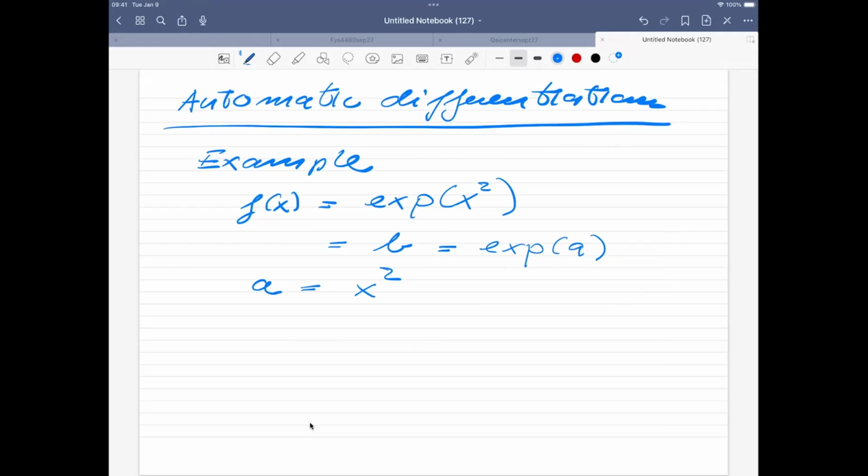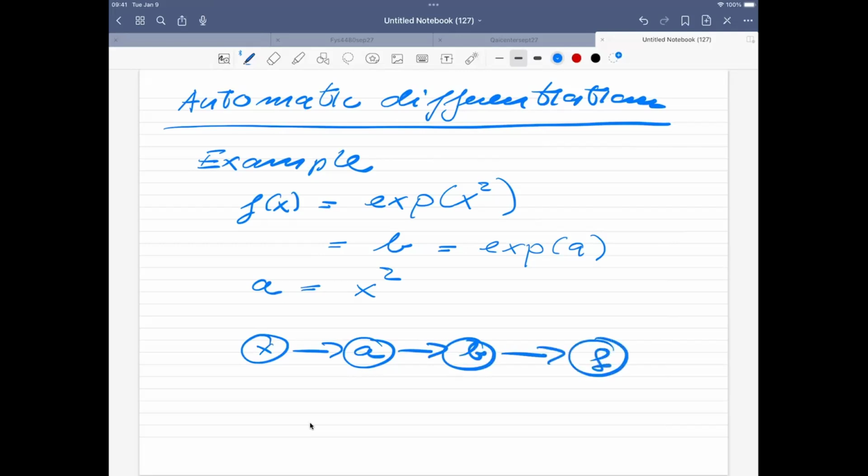So what you would have now is x, which goes into a. So what you see here is an example of a computational graph. And a goes into b, which then goes into f. Okay? And this is something which we are going to look at again and again and again.